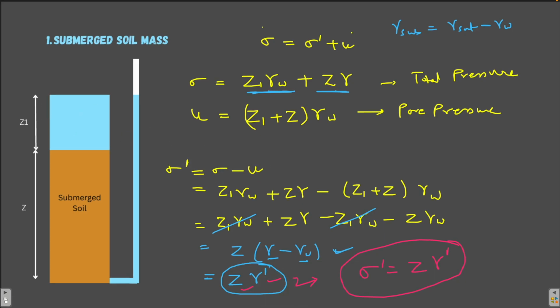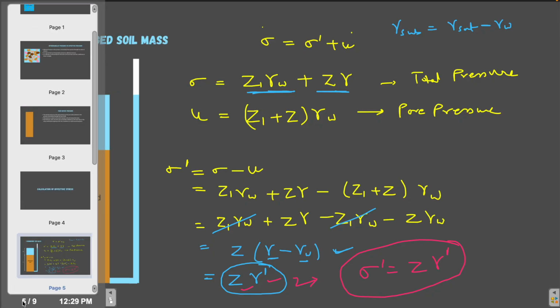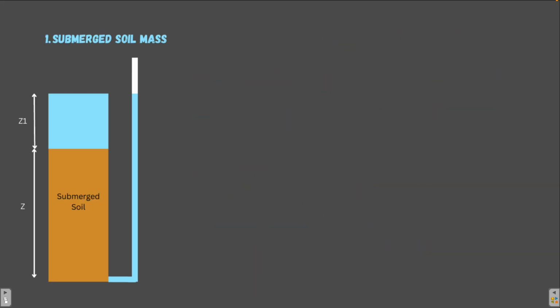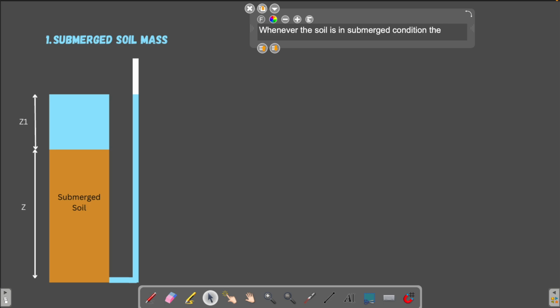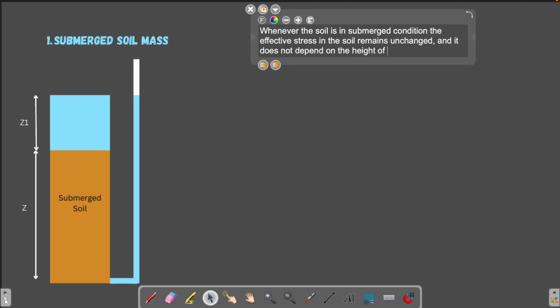You might be asked these questions in your objective type questions. So let me just write it down. What we understood here is, whenever the soil is in submerged condition, the effective stress in the soil remains unchanged and does not depend on the height of the water above the soil, okay.